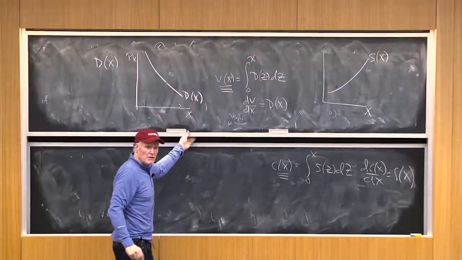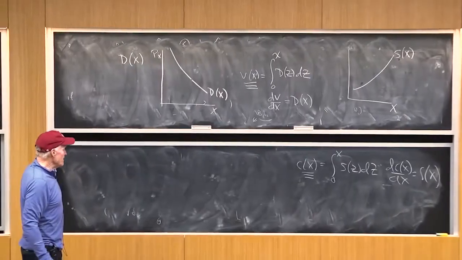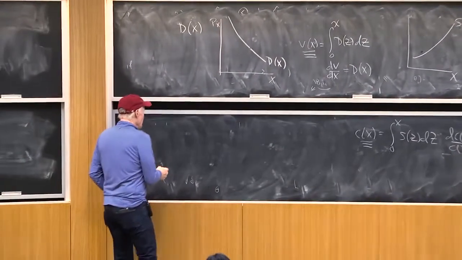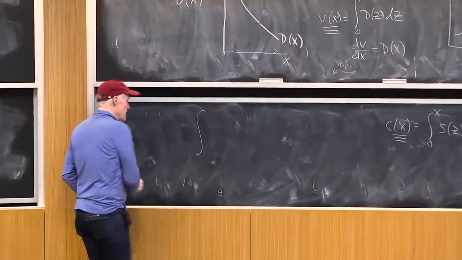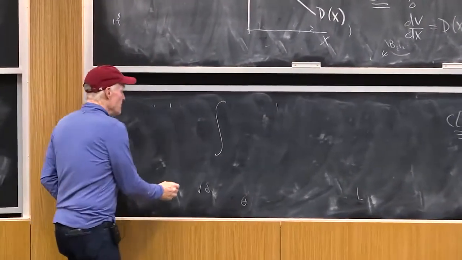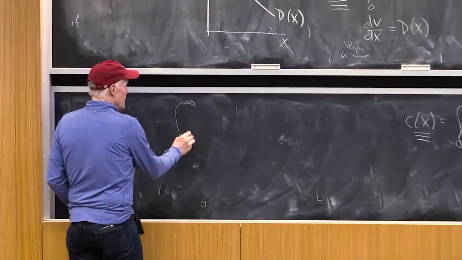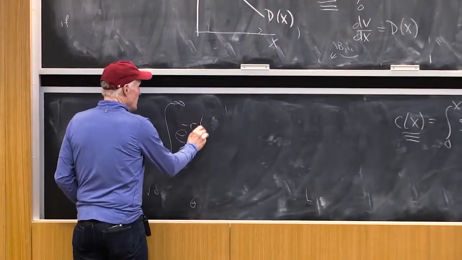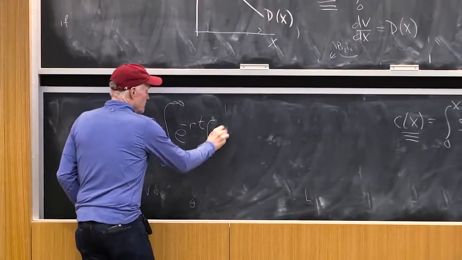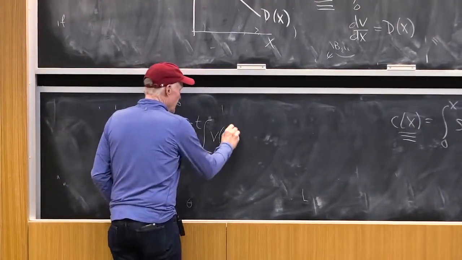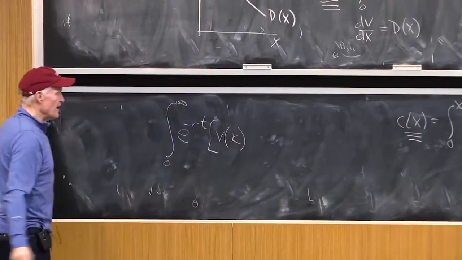And so if I wanted to think about a competitive equilibrium, I could think of maximizing what you might think of as a total surplus: maximize the integral from 0 to infinity of e to the minus rt times V of k, if k is the capital stock at day t.